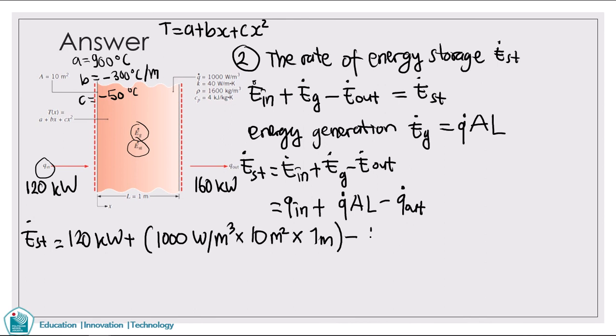Okay, minus 160 kilowatt. If you calculate it correctly, this term we will have 10 kilowatt. So the answer will be minus 30 kilowatt.